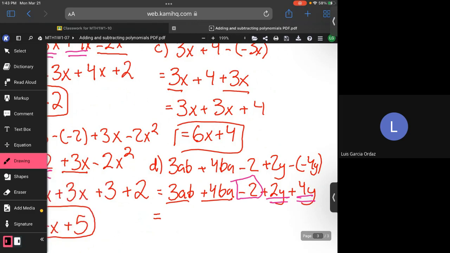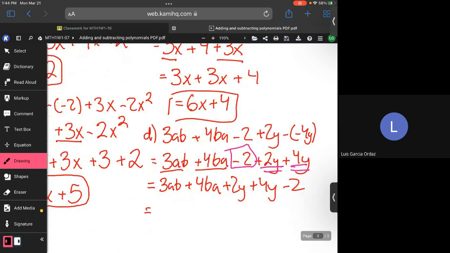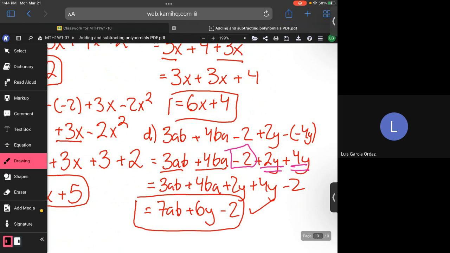So I have 3AB plus 4BA plus 2Y plus 4Y minus 2. So what's my final answer? Caitlin. 7AB plus 6Y minus 2. Perfect. Good. I wrote it as 7AB minus 2 plus 6Y, that's fine. I usually, if you haven't noticed, put the constant last.